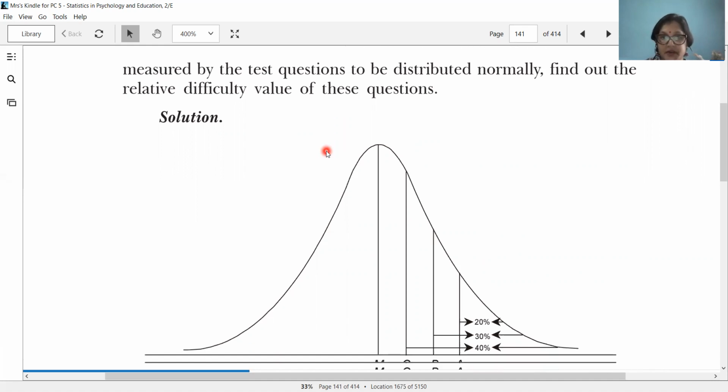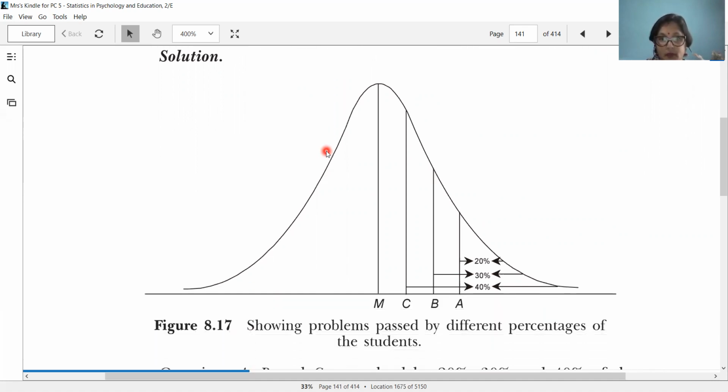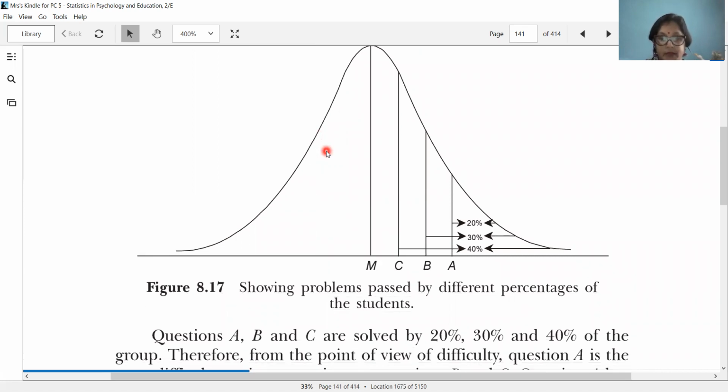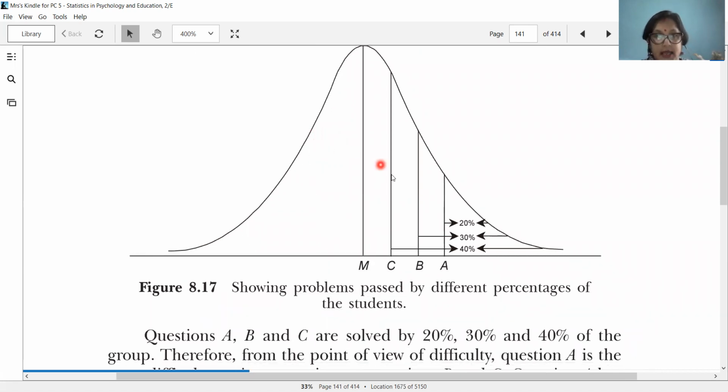So first, when we go through the normal curve, we try to understand here that problem A is solved by 20%. So 20% will be less, which will lie here. Problem B is solved by 30%.